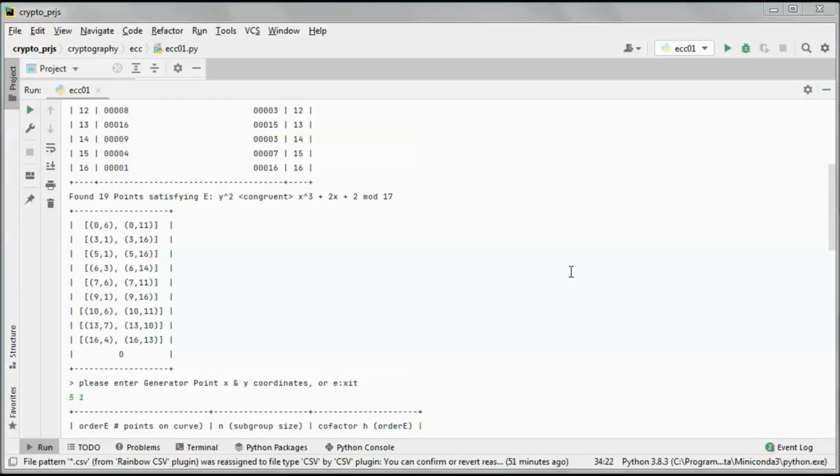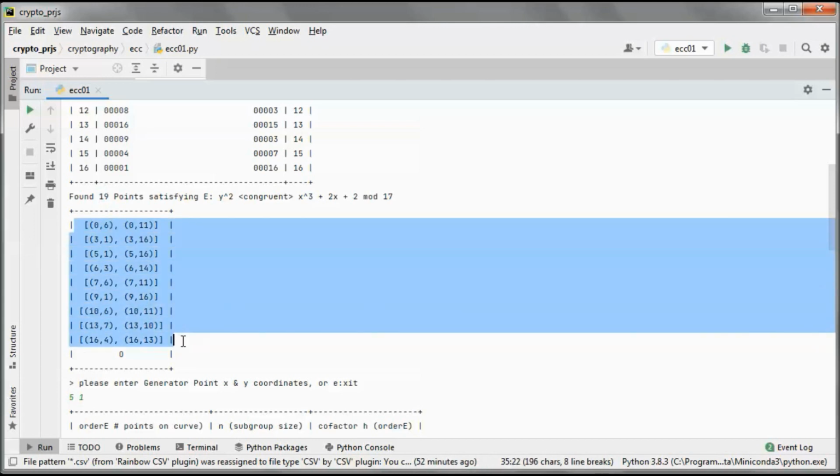And we have a theorem that says that if we have a finite cyclic group with prime order, then all elements, meaning all points in this case in that group, are generators of that group, meaning all those points are primitive elements.